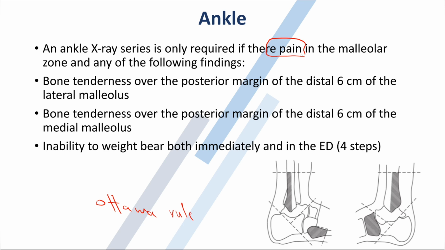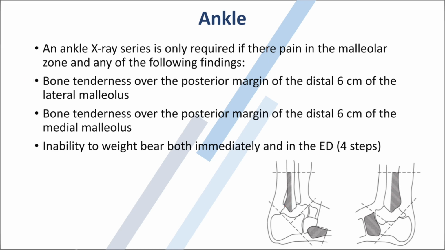So the patient has pain in the malleolar zone, and one of these: first, bony tenderness over the posterior margin of the distal 6 centimeter of the lateral malleolus, and the posterior margin of the distal 6 centimeter of the medial malleolus. Or inability to weight bear both immediately and in the emergency department for at least 4 steps.